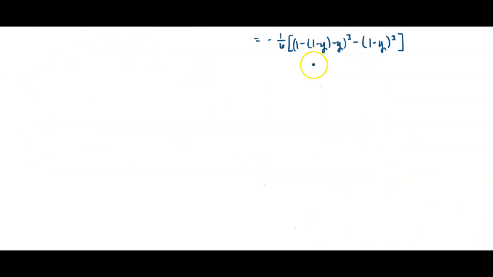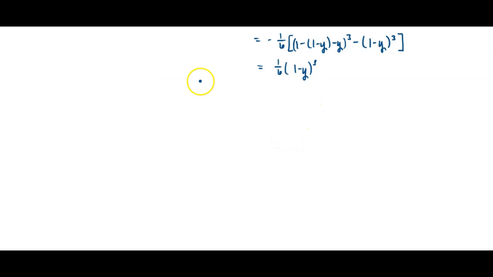And simplifying this, we get 1 minus 1 minus y minus y. That's just going to turn into a y minus y, so that's just 0. And so we are just going to be left with a -1 times 1/6 times a negative, so positive 1/6 times (1 minus y) cubed.